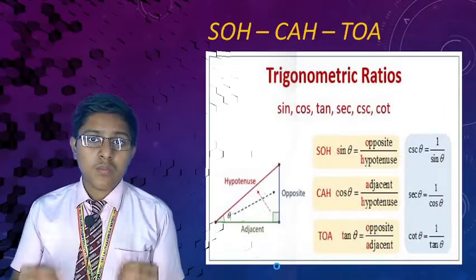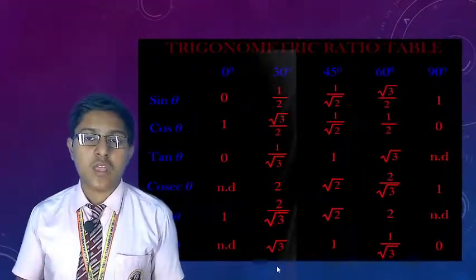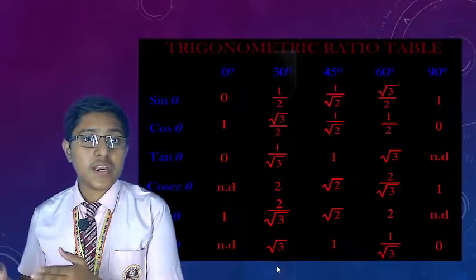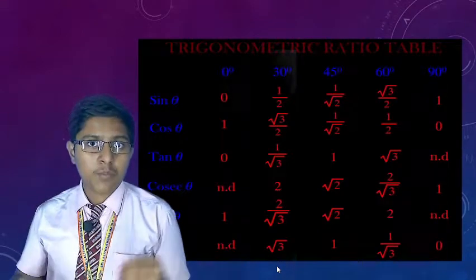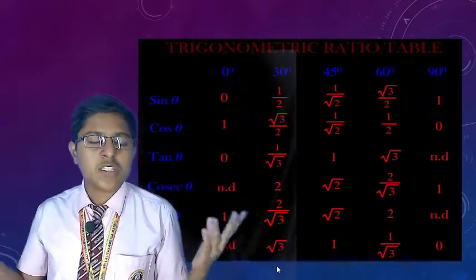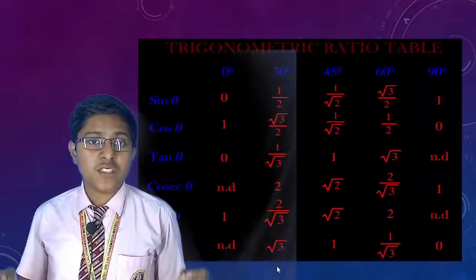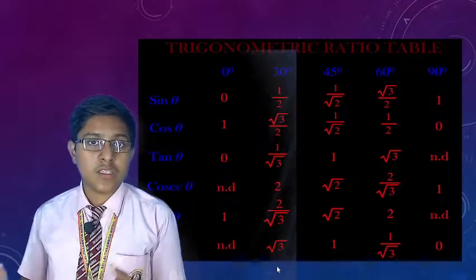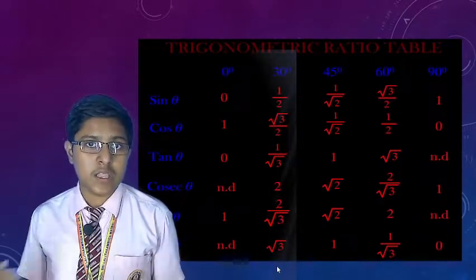So these are the main ratios, and we have the trigonometric ratio table, which is the basic table. We have a big table also, but that is huge and needs some calculation, and it has decimal numbers, but in this table we have whole and real numbers, which is much easier than that table.